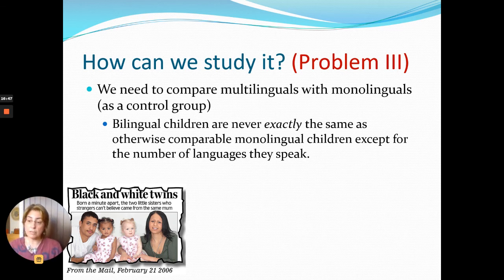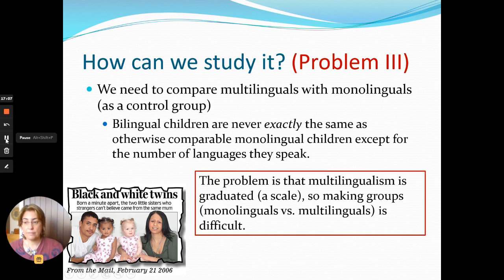So the same with multilinguals. To assume that different cognitive performances might be crucially influenced by the fact that they speak only one language, that might be generalizing a little bit too much, because you have a very diverse group, obviously. And of course, on top of it, the big problem is that multilingualism is a gradual scale.